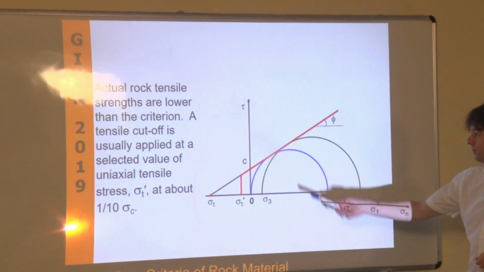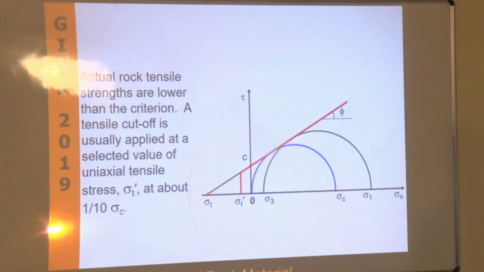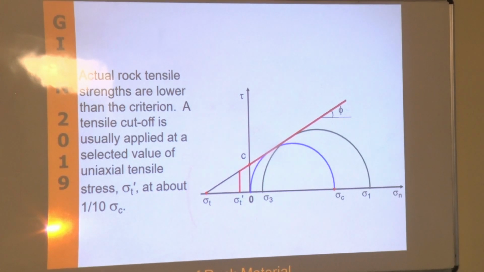And yeah, well, most of the models have a tensile cutoff, and it's about 1/10 of the UCS, the sigma C, and that is again the fact that that line will stop before touching the axis of sigma.